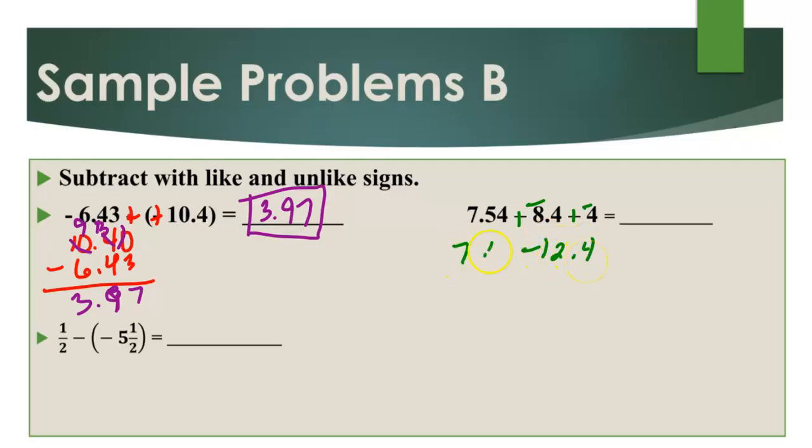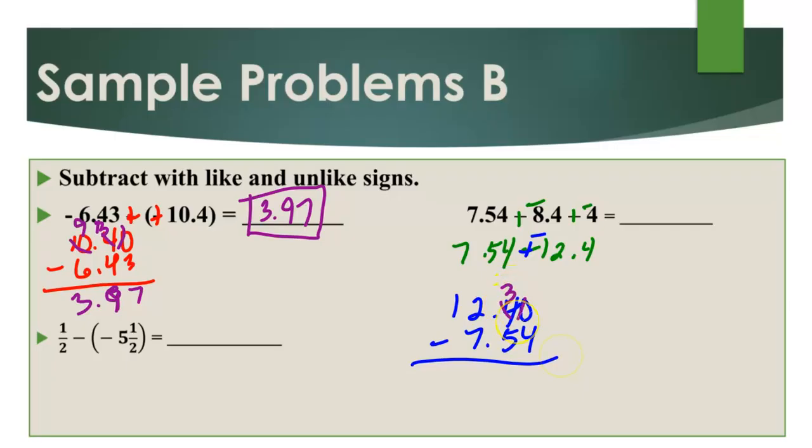And we have 7.54. And then this is going to be adding the opposites. Since the signs are different, I'm going to take 12.40 and subtract 7.54 and do the subtraction here.